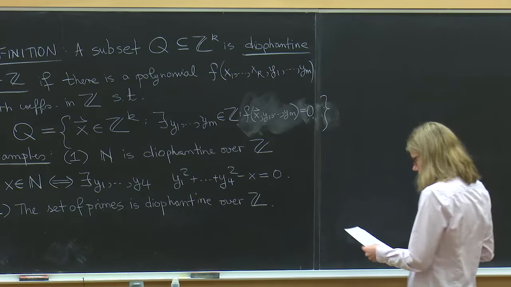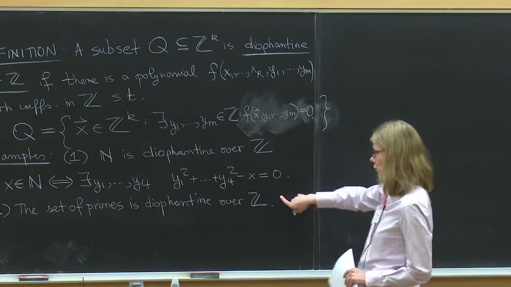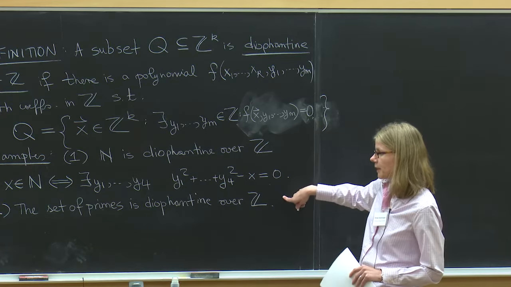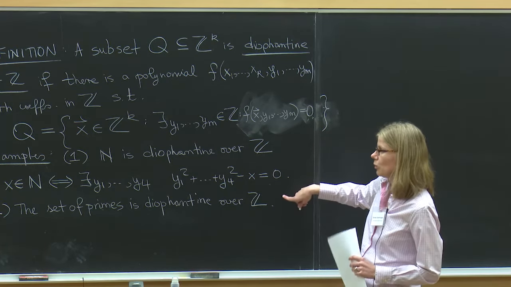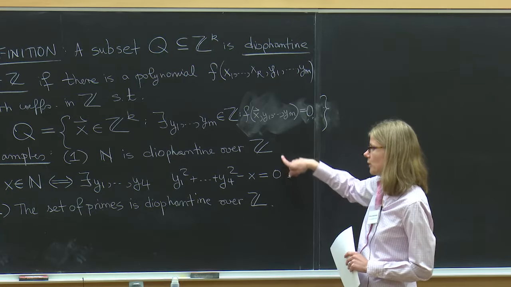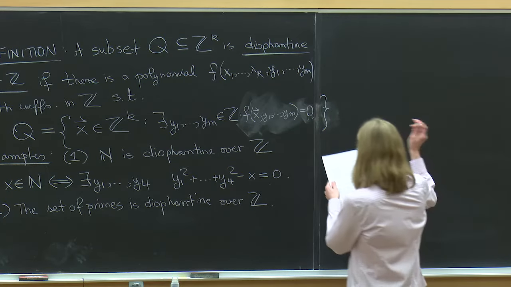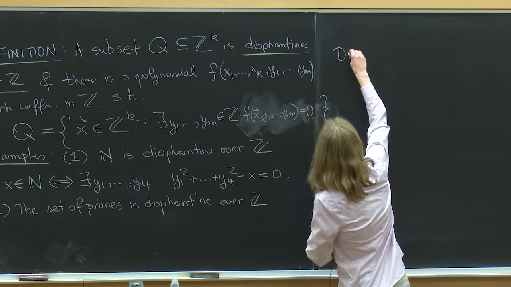Well, because there's another notion, being recursively enumerable, that over the integers coincides with the notion of being Diophantine. So let me make a second definition here.